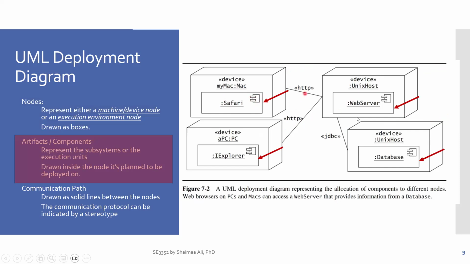In this depiction, this is the general web server architecture, a general web application that connects to a database. So here the components that would be running on these devices would be the web client. In that case, it would be Safari running on Mac, and Internet Explorer running on PC. Now, on these devices, we would have the web server component.